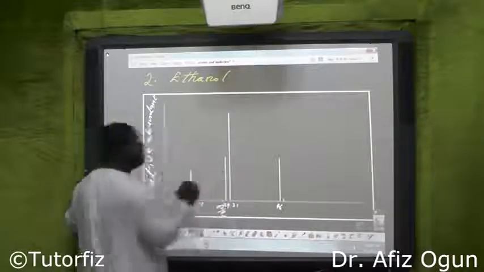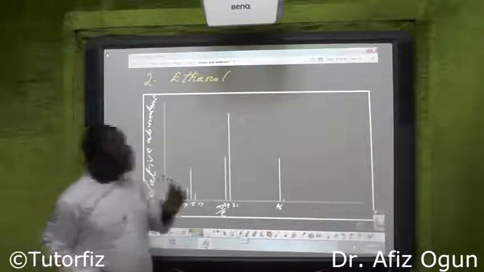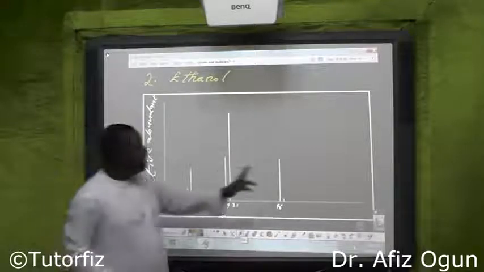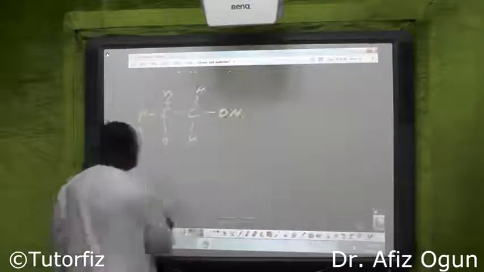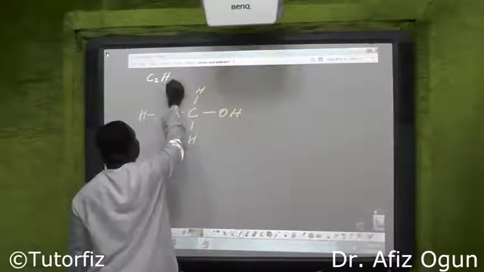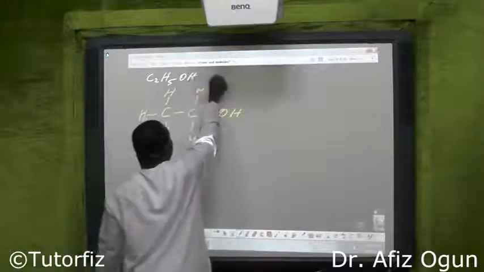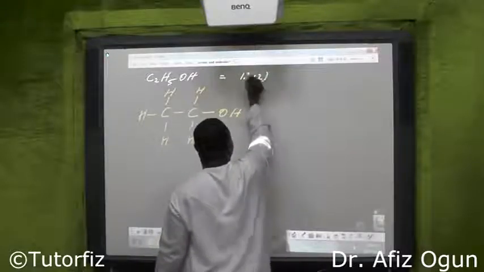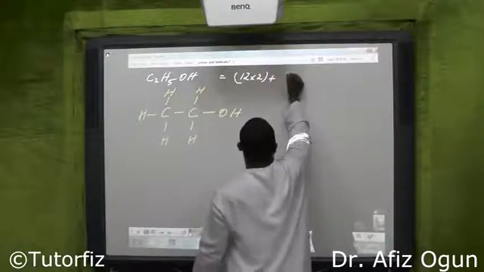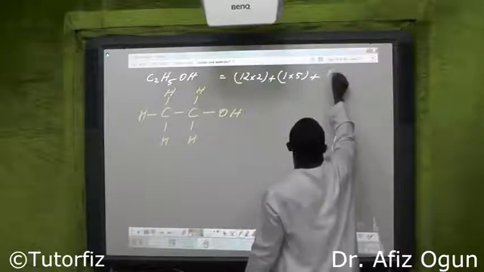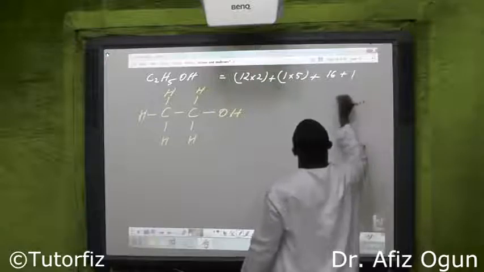The main peak, which is the molecular peak for ethanol, is this one at 46. Ethanol is C2H5OH, which is 12 multiplied by 2 plus 1 multiplied by 5 plus 16 plus 1.